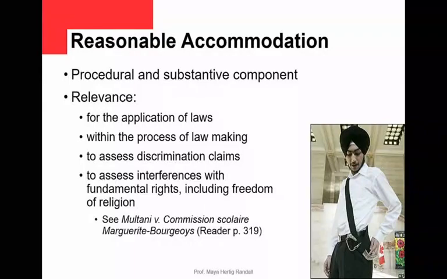Sometimes if you want the case law to evolve, you may have more success by relying on what courts do already, in proportionality analysis, and pushing them a bit further, rather than saying you should change totally and analyze it under non-discrimination, which at least I find Swiss case law not very protective. So generally, we can see reasonable accommodation used for discrimination claims, but it can also, as in Multani, be used to assess whether interference with a fundamental right is proportionate.